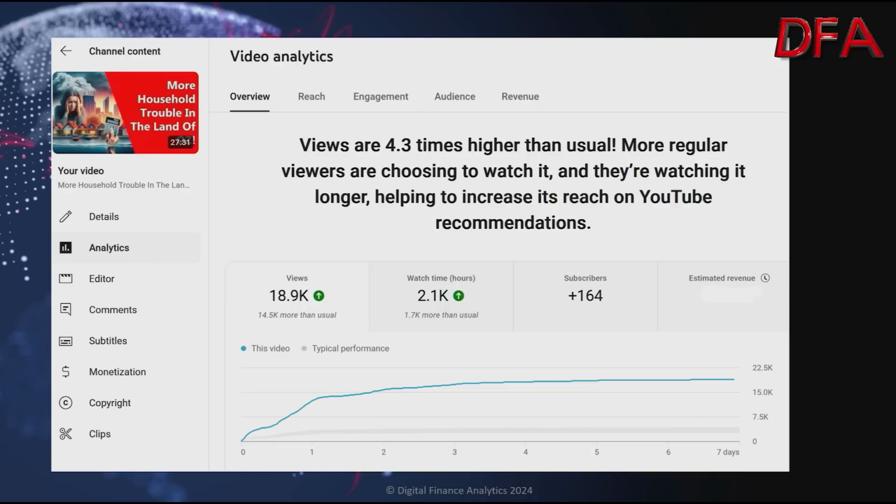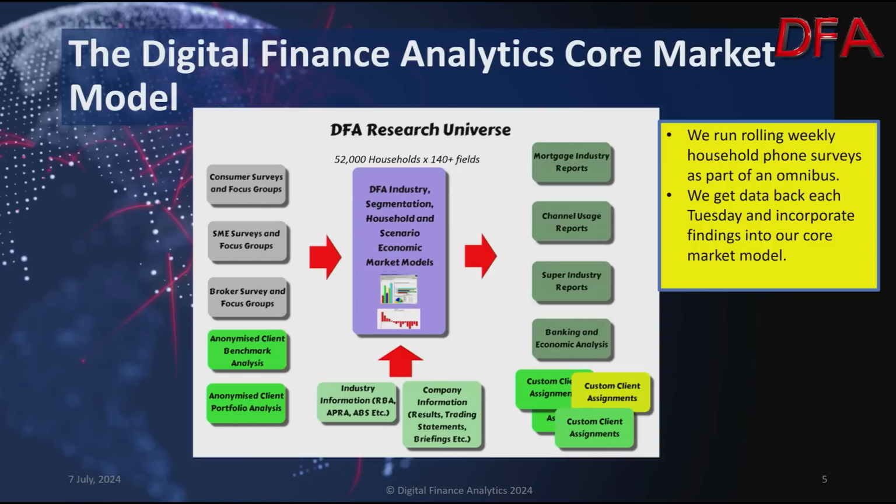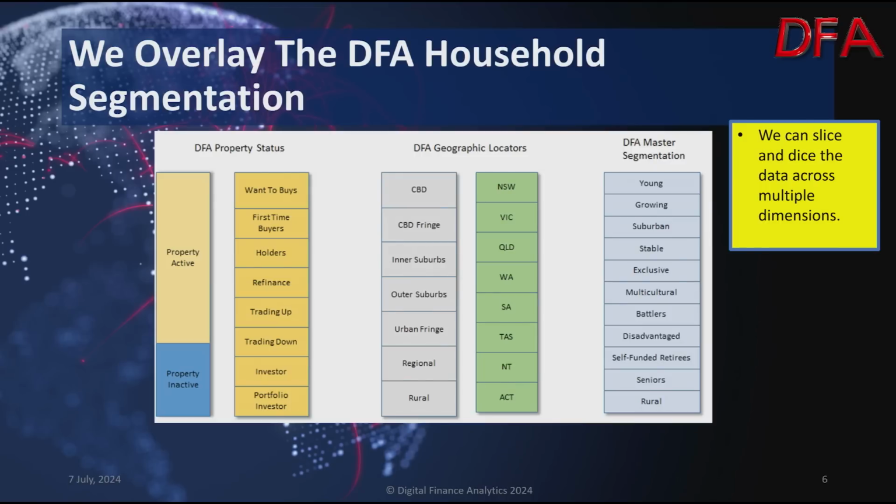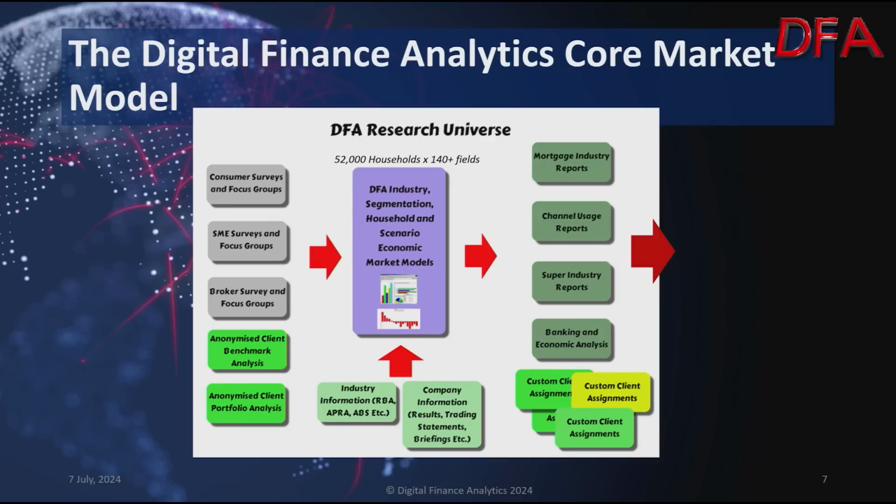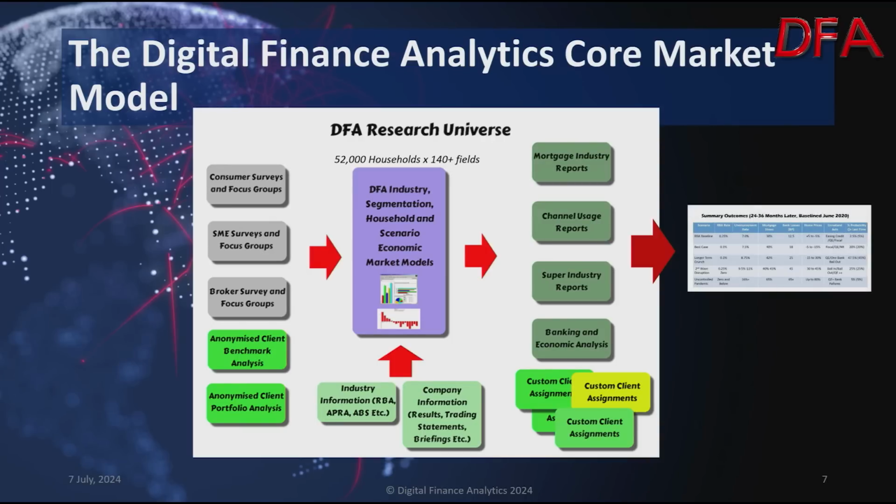But I will just give you a brief summary now, just so you understand what I'm talking about. So we run our core market model. It's a continuous analysis based on household surveys. We update that at the end of each month, and that then feeds into our modeling. The modeling allows us to slice and dice the data all sorts of different ways, but specifically look also at what may be happening ahead using our scenarios.